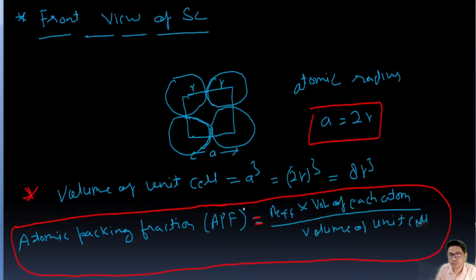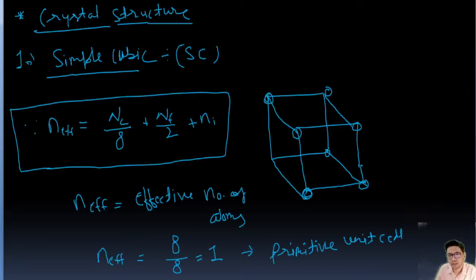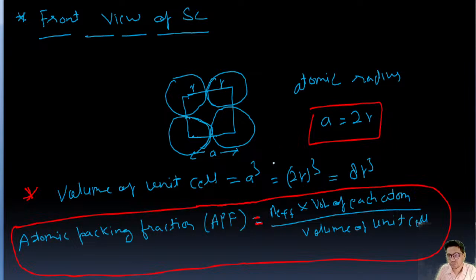Now we'll find the atomic packing fraction, APF. For simple cubic, the effective number of atoms is 1, into the volume of each atom. These are spherical, right? So 4 by 3 pi r cube, where r is the radius of the atom.